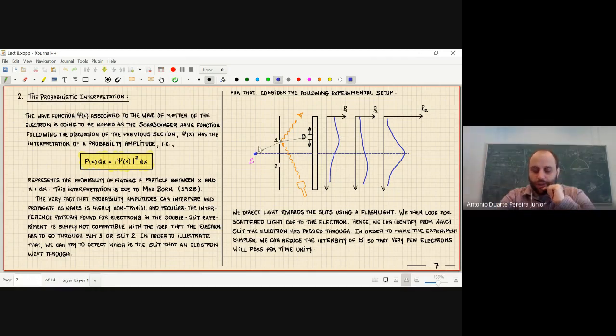For instance, you can say, well, if I want to make the effects of this measurement small enough, I can reduce the energy of the photon, okay, so that the energy carried by the photon is not high enough, and I don't affect the electron too much.